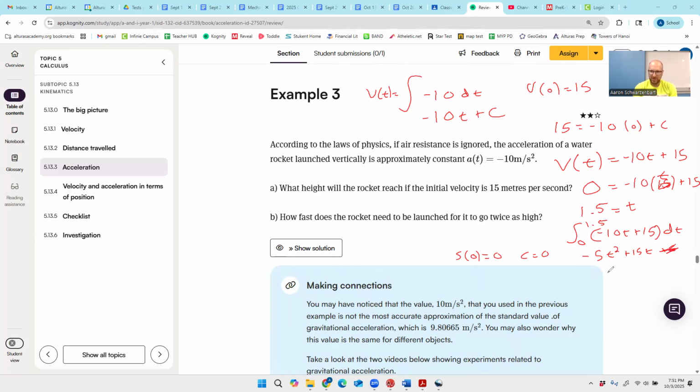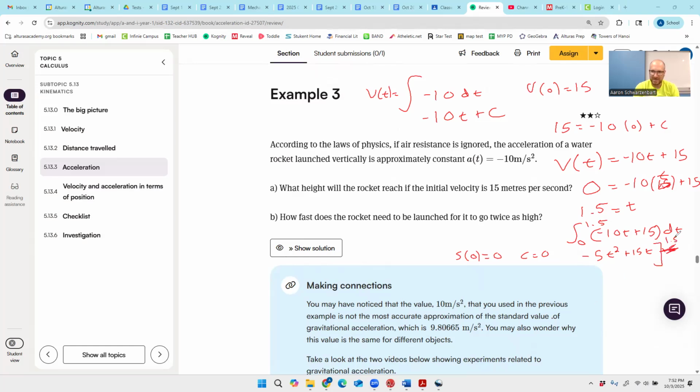So I plug in the bounds. Plug in 1.5 for this. And then I subtract, well, I'm just going to move this over, make it neater. So I always do upper bound minus lower bound.